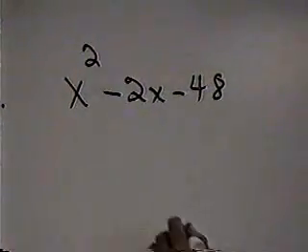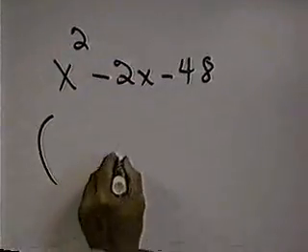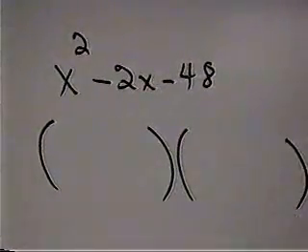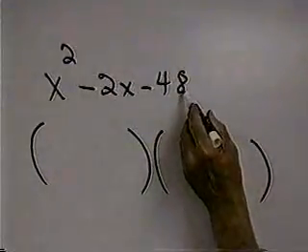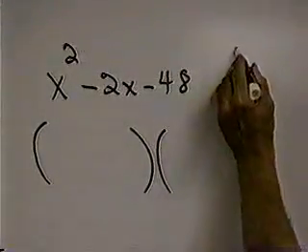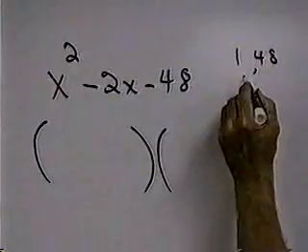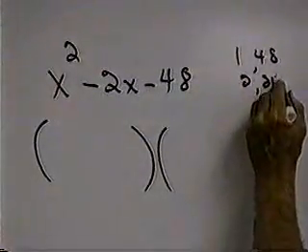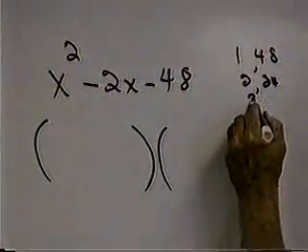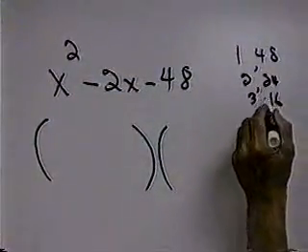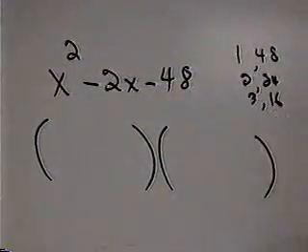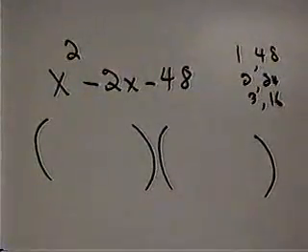And we want to look at factoring by the FOIL method. Now, we've got lots of choices here. Factors of 48 would be 1 and 48, 2 and 24, 3 and 16, 4 and 12, 6 and 8.